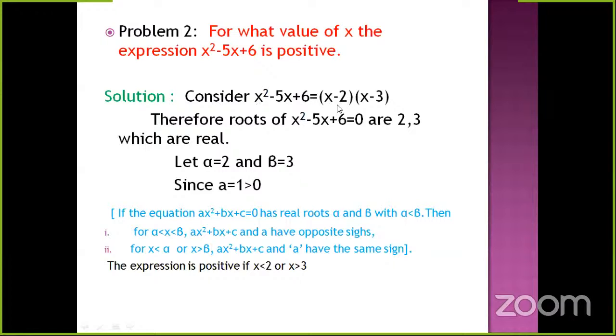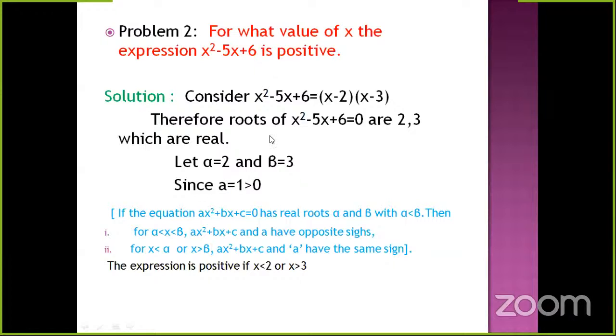So consider x square minus 5x plus 6. Using the factorization method or by using the formula, the roots of the quadratic equation are 2 and 3. Taking alpha as 2 and beta equal to 3. So the roots are two distinct and real roots, that is, delta is greater than 0. So we can apply the third theorem concept.